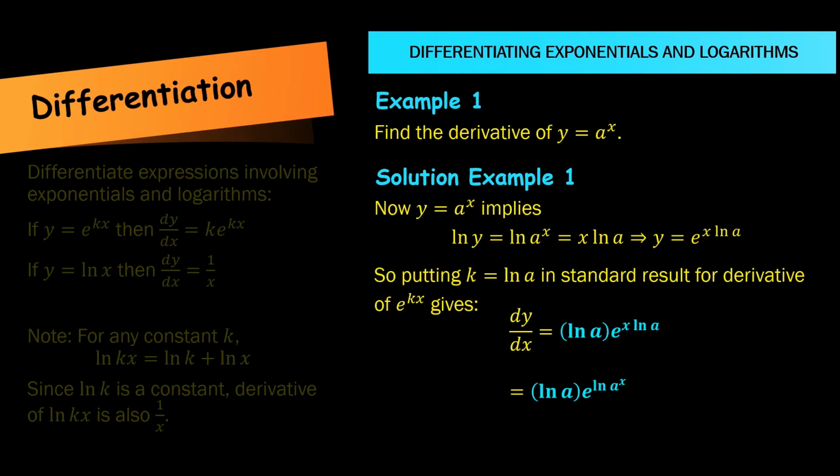And rearranging this, or by the laws of logarithms, we have ln a times e to the power ln a to the power x. And of course, e to the power ln a to the power x is simply a to the power x.